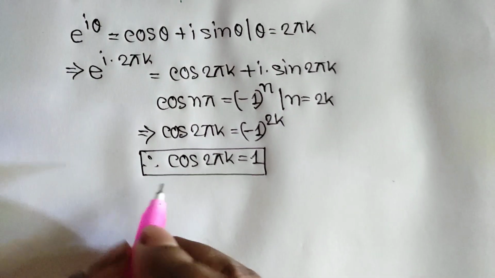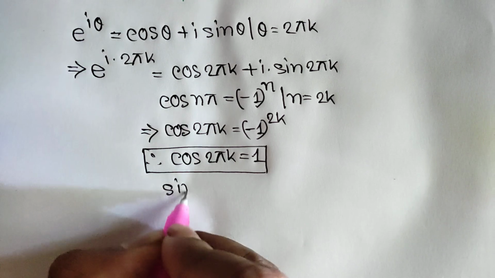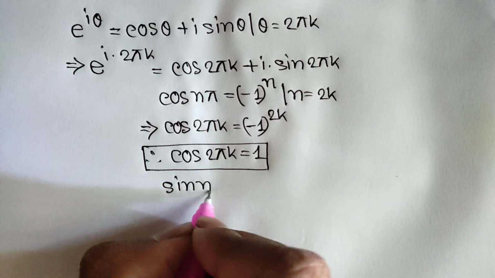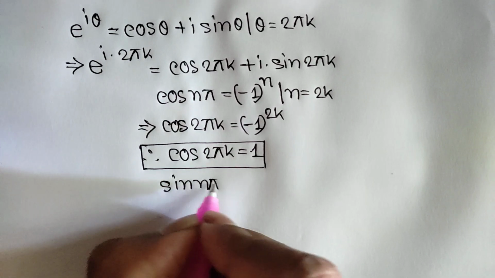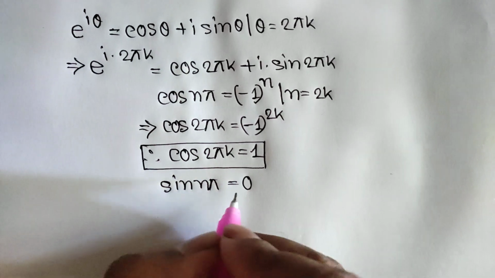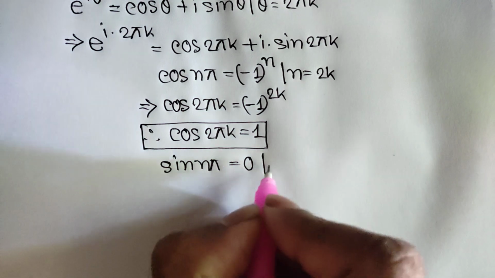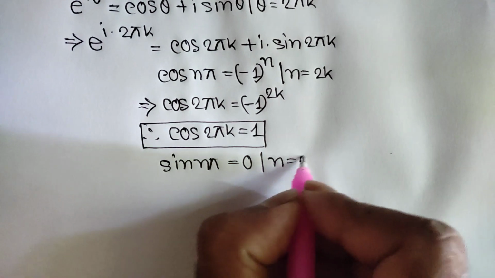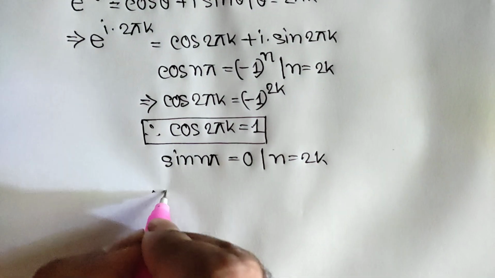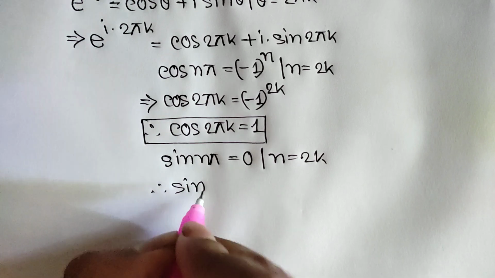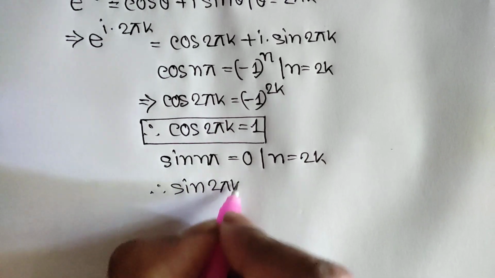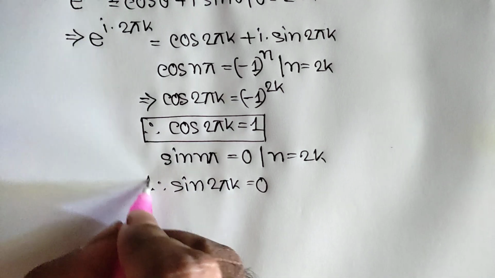and sin n pi is equal to 0. Now substituting n is equal to 2k, the value of sin 2 pi k is equal to 0.